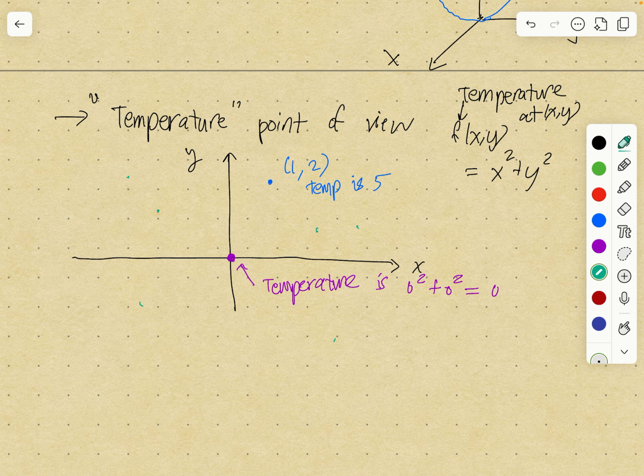So for instance, this is helpful when you're thinking about level curves. Let's say you had the level curve z equals 9, right? The level curve is when z equals 9. That's when x squared plus y squared is 9. Well, that would be the circle of radius 3.